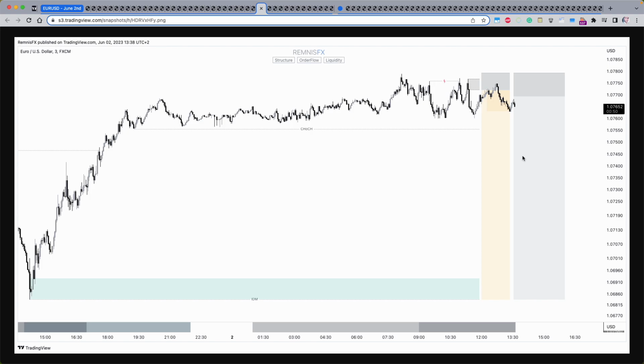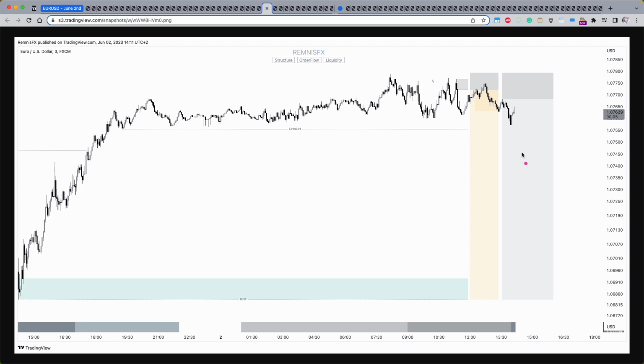However, at this point I moved my entry from here to here, slightly lesser reward, but now I notice an obvious structure-wise liquidity point, right?